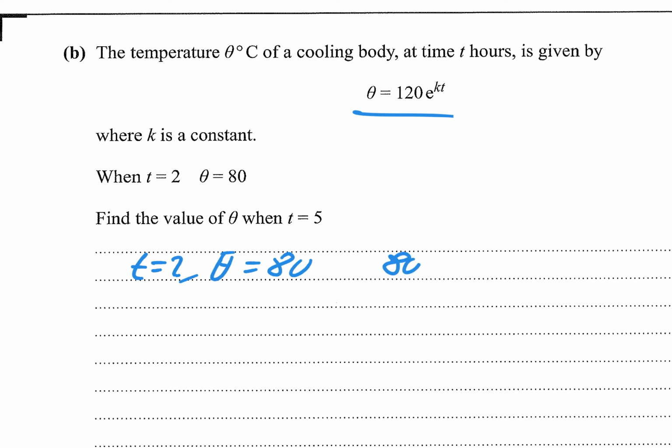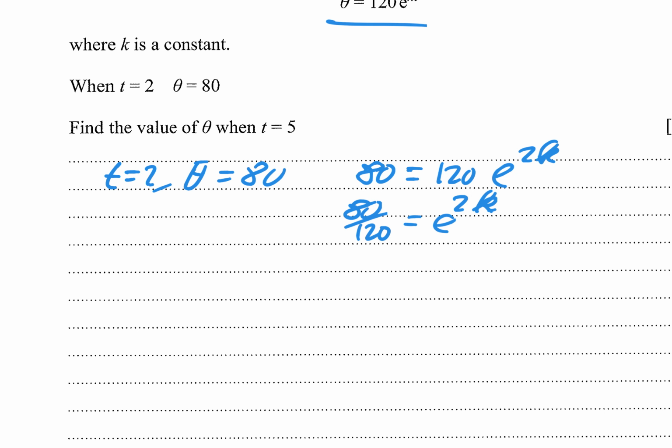So that means instead of theta, you'll write 80 is equal to 120 e to the power of 2k, and then we'll bring that 120 across. You'll have 80 divided by 120 is equal to e to the 2k, which is the same as 2/3 is equal to e to the 2k.